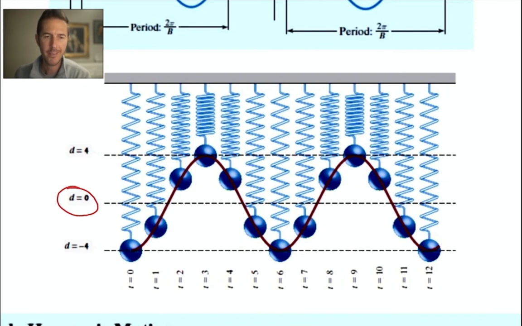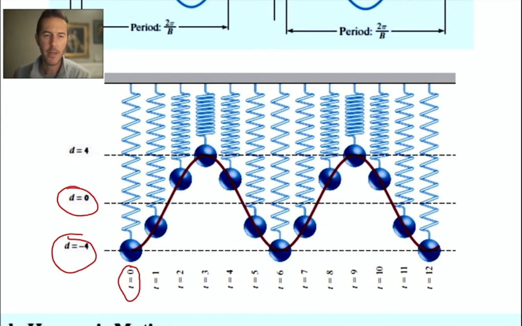And in this particular example, when time is equal to 0, the mass has been pulled downward a distance of 4 inches, probably, something like that.